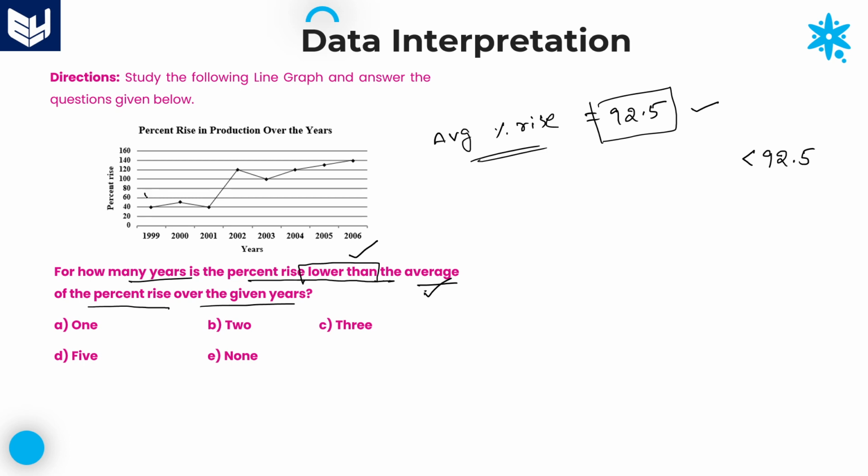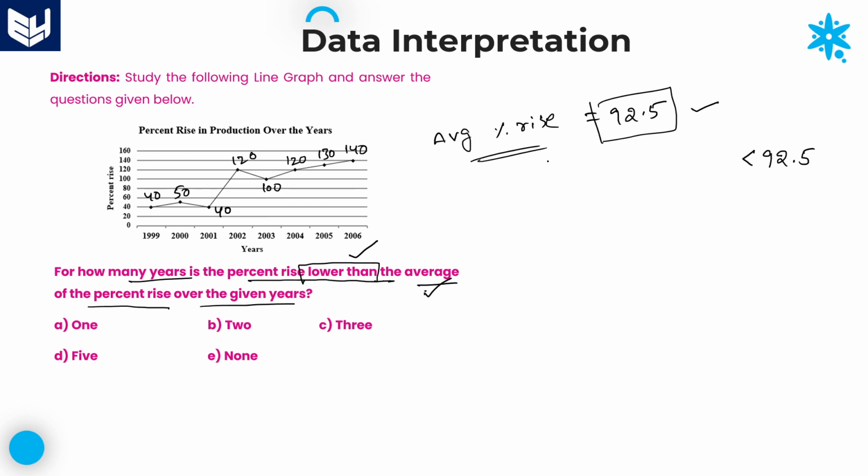First I will write down all the values. First value is 40 and next 50. Here it is 40. This is 120. This is 100, 120, 130, 140. These are the total 8 values that we have, right?